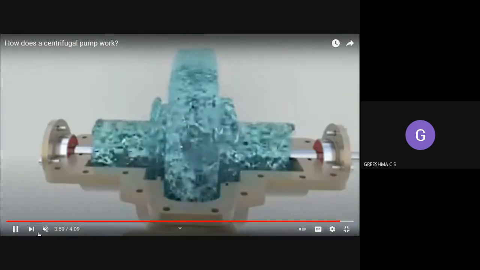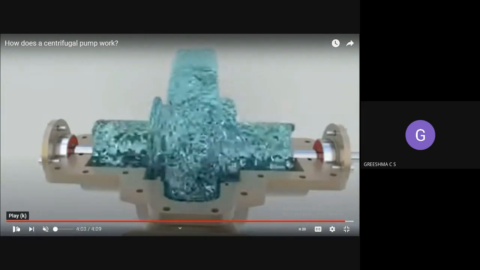This is the exact picture of how priming occurs. The suction pipe, through which water enters by the action of suction, the delivery valve, all these things are filled with water. This process is called priming.